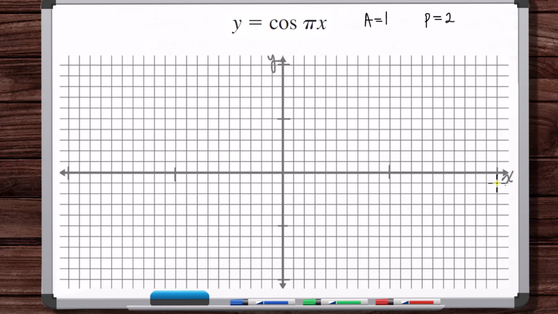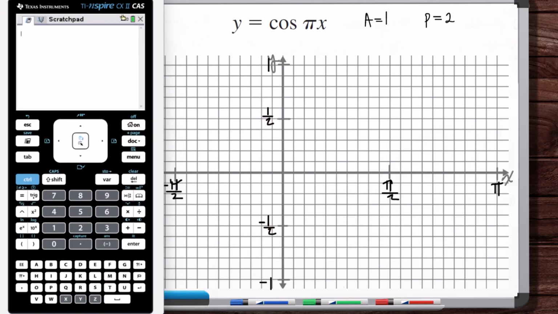Now we could just do the x-axis from minus 2 to 2, but let's think about the major tick marks in radians. Pi is 3.14-ish, so let's do pi to minus pi. Then we'll be going from 1 to minus 1.